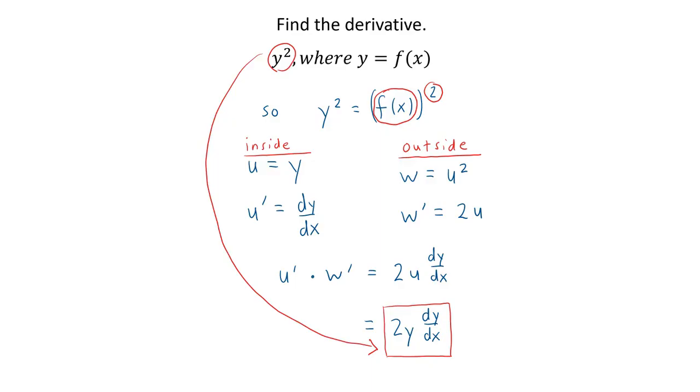So when we find the derivative implicitly, whenever we see a y function, we're just going to take the derivative of that y function the way that we normally would. But then here's the extra step that we have to take. We're always going to add dy over dx to that expression. Now, when I say add that to the expression, I don't mean add dy over dx. We're going to multiply the derivative of the y function by dy over dx.